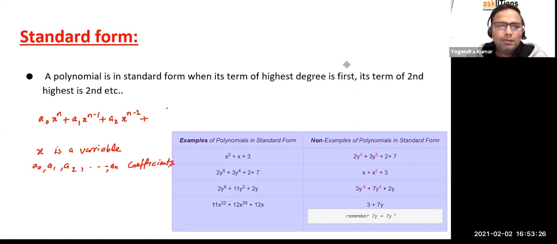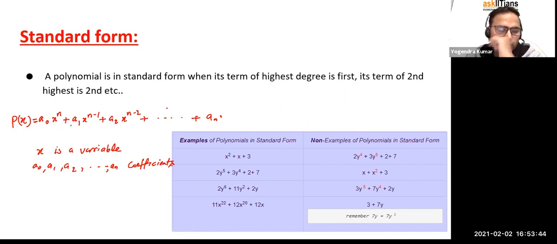So how do we define a polynomial here? Basically up to a n, where the last x power is going to be 0. Now I can name it as p of x, a polynomial in variable x.